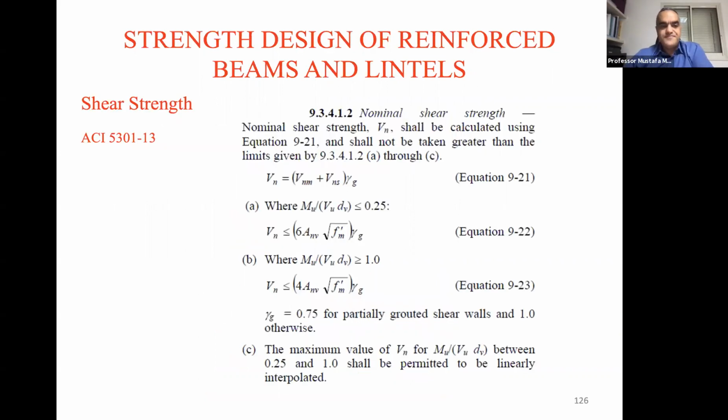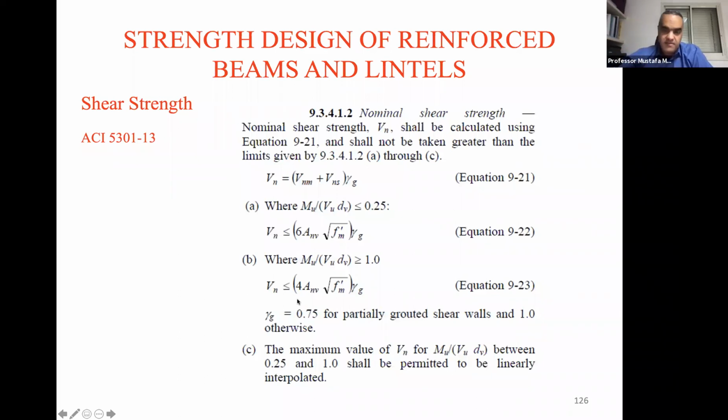So the shear strength of the walls, the shear strength of the masonry in strength design, is given now in V, in forces, not in stresses, F sub V, like we had before. And that's typically the case for strength design, right? We find P sub N, M sub N, V sub N, not stresses. So it's the same concept like we talked about before, except that here we have forces, and also here the limits are different because this is strength design.